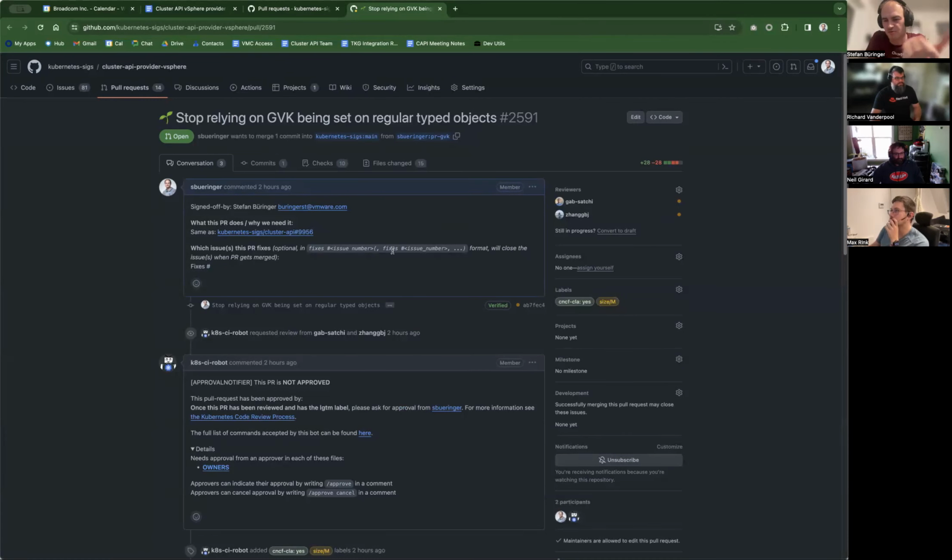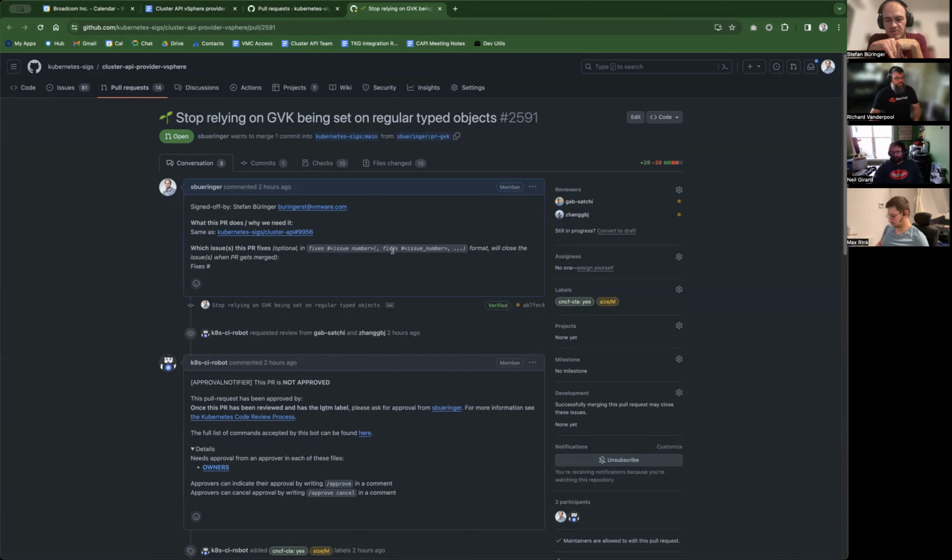Let's say you do a get call on a cluster object. It could be that API version and kind are filled out, or it could be that those fields are empty. I'm skipping some details, but the high-level picture is that if you use the API reader, so if you ask the API server directly, those fields are all empty.